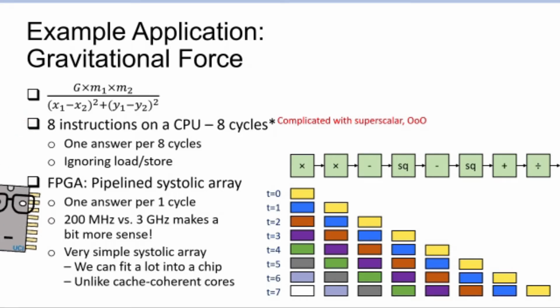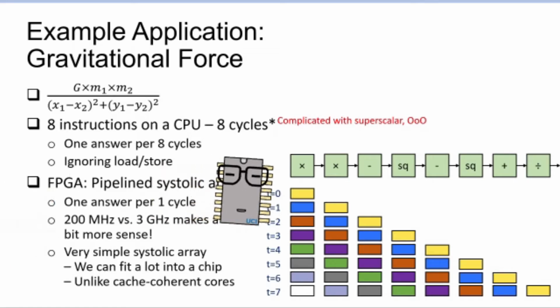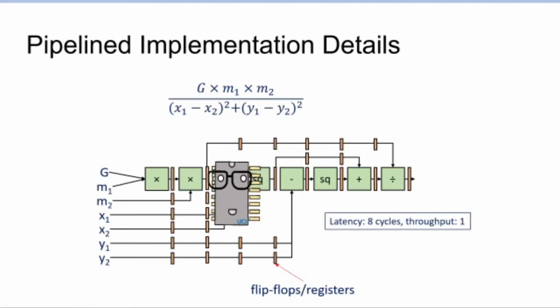But if you have a pipelined systolic array, you get as many operations per cycle as the number of arithmetic units you spawned. So if you have 8-stage pipelines, we can have 8 operations per cycle. So 8 operations working at a lower clock frequency can compete with 1 operation per cycle running at a higher clock frequency. And because these things are simple, we can fit a lot of these into a chip. That's where the performance benefits come in.